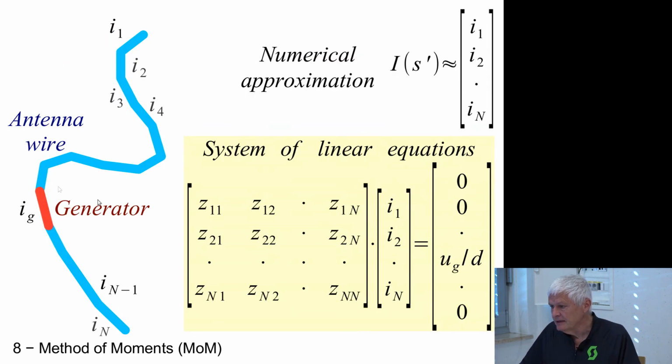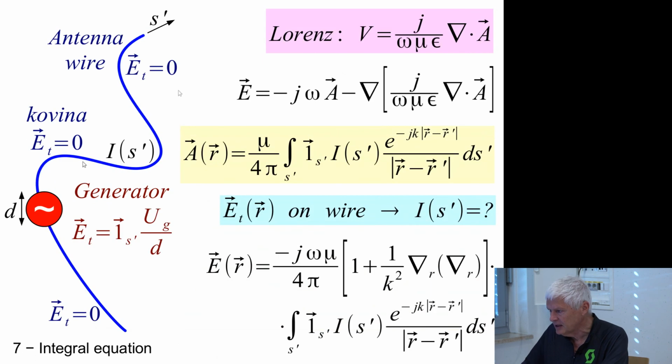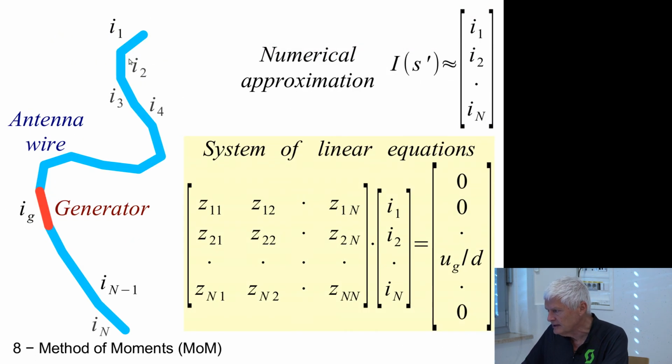We now split the wire into segments. It's the same wire as we had on the previous picture, but now it's split into discrete segments here. And our numerical approximation for the distribution of currents is now simply a column vector here.